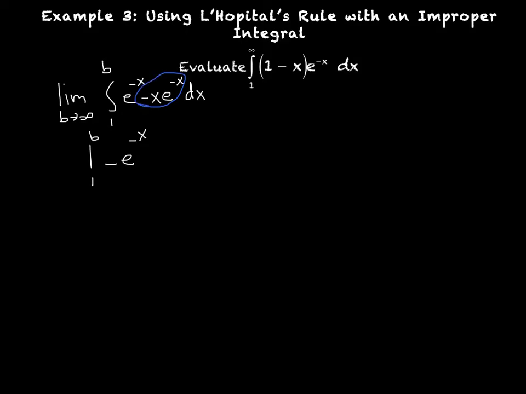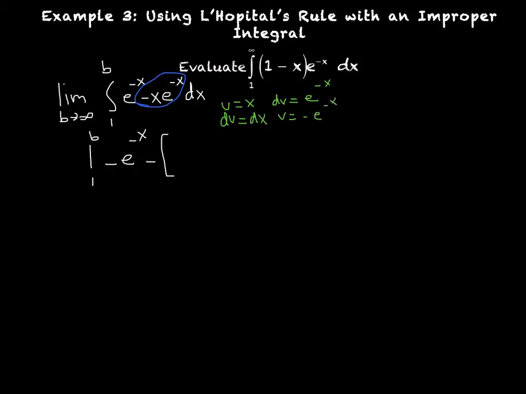So we're going to put a minus, and then a bracket, and then we're going to pay attention to simply the x e to the negative x. So we're going to let u equal x, and we're going to let dv equal e to the negative x. So that means du is simply 1 dx, and v is the integral of e to the negative x, which would be negative e to the negative x.